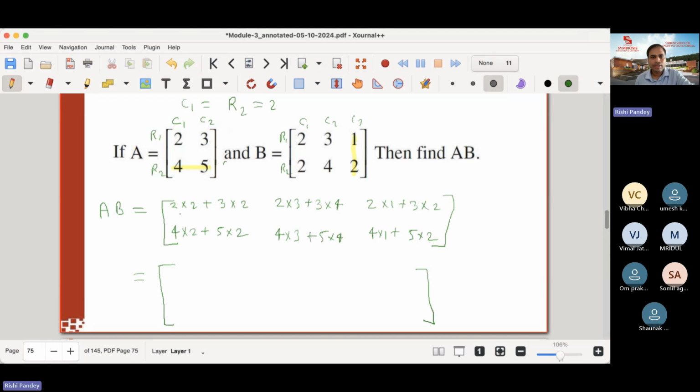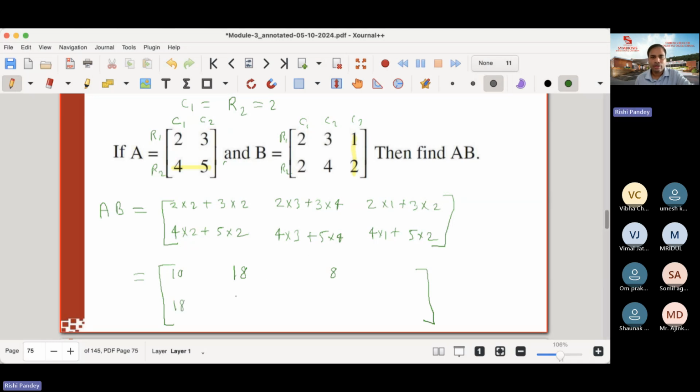simplify all this. 2 2s are 4, 3 2s are 6. 6 plus 4, 10. Here 3 2s are 6 and 4 3s are 12. 12 plus 6, 18. 2 1s are 2, 6 2s are 8. Next one, 4 2s are 8, 8 and 10, 18.